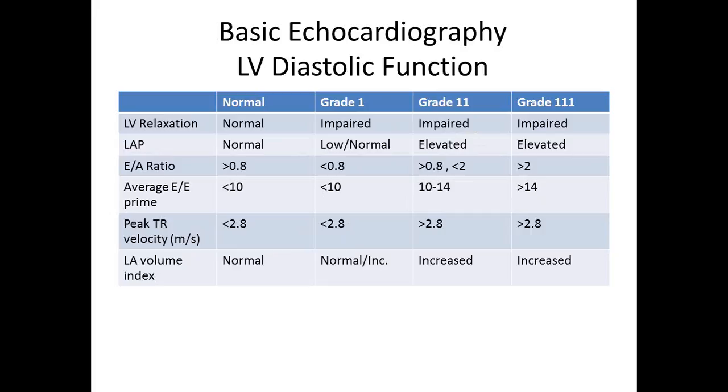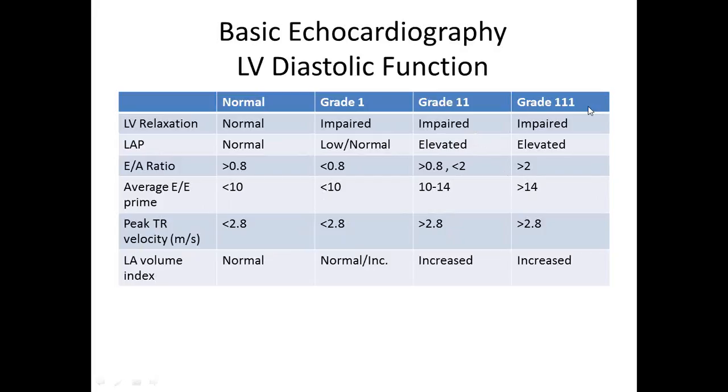Remember, with restrictive physiology, the E to A is greater than 2. So it's going to be less than 2, but in a lot of cases it's greater than 0.8. And then your average E/E prime is a lot of times between 10 and 14. Your peak TR velocity is going to be more than 2.8 meters per second. Left atrial volume index is going to be increased in your grade 2 diastolic dysfunction.